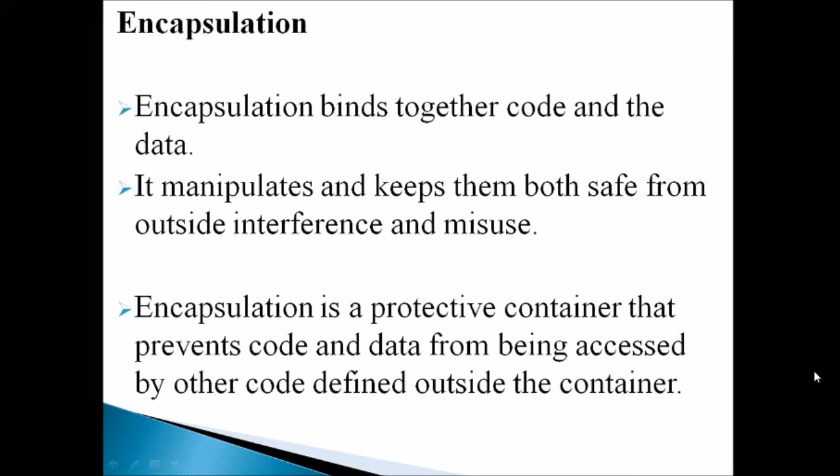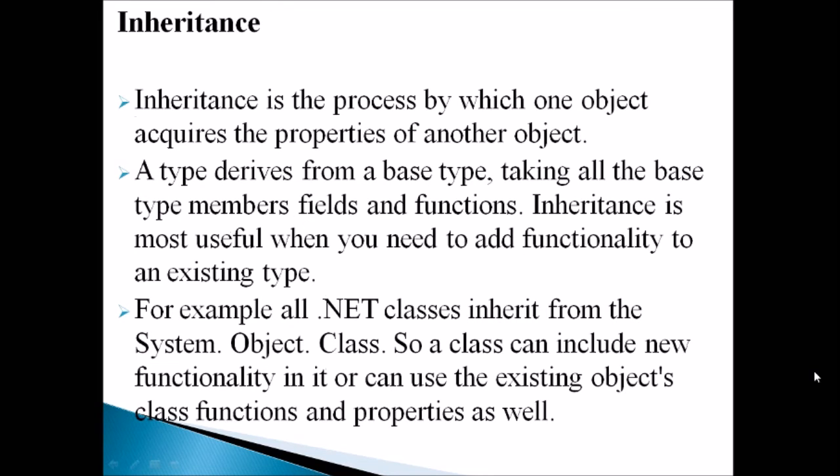For this the example is class. So it keeps them both safe from outside interference and misuse. This encapsulation feature protects the data and source code from being accessed by other code defined outside the container. It is simply the protective container. That's all.